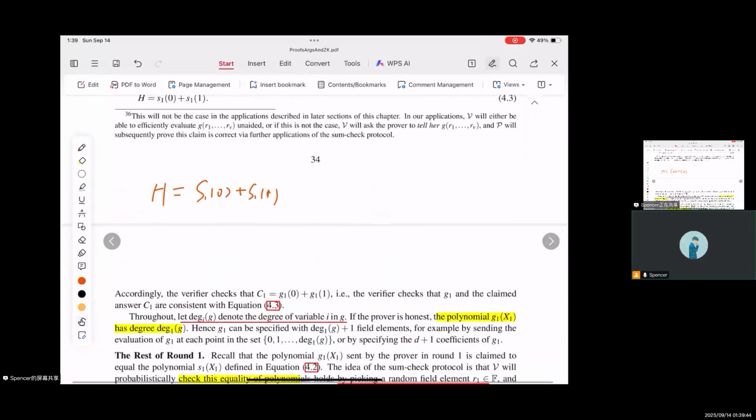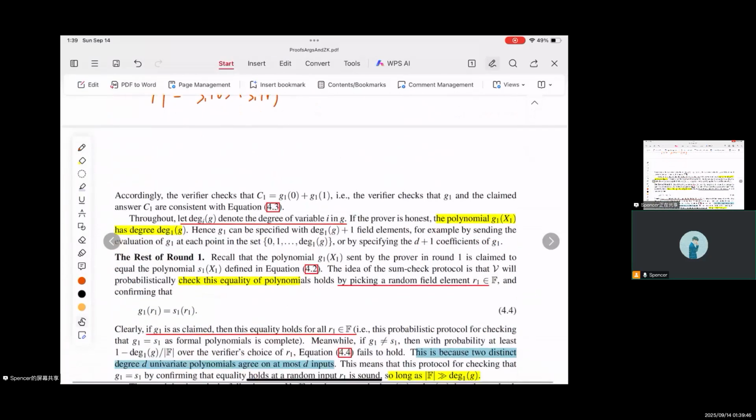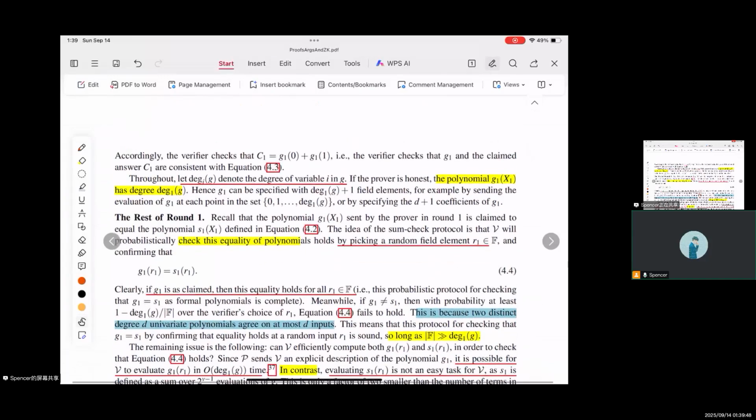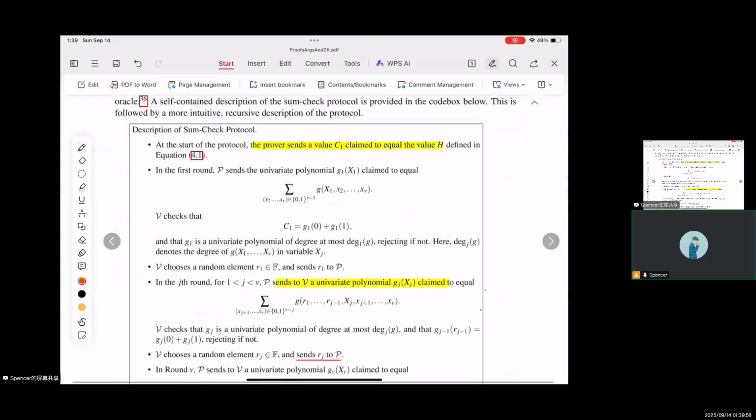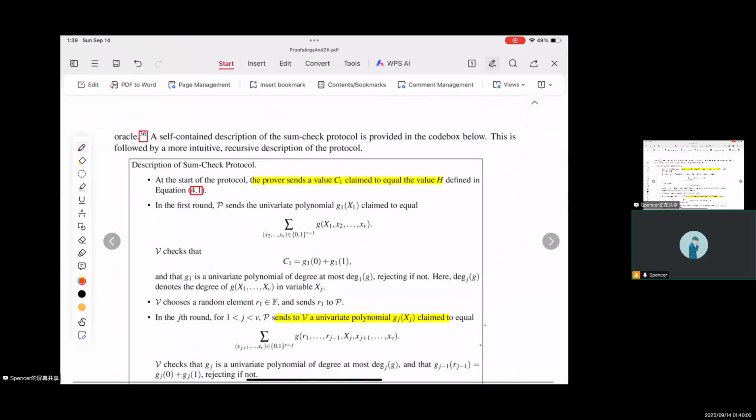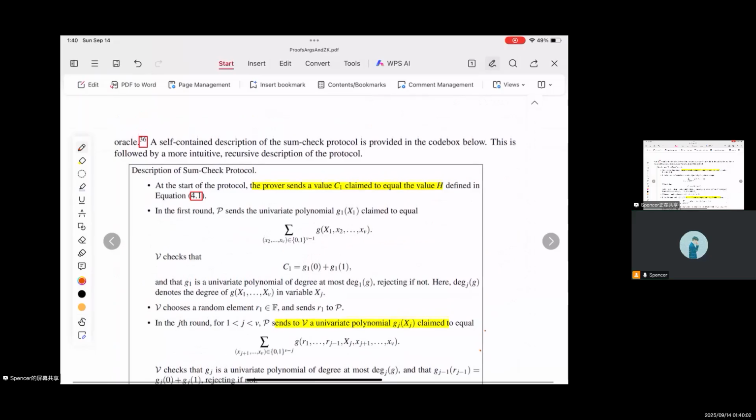Okay, let's see what happens after this. Okay, accordingly, verifier checks the C1 equals J1. Okay, let's see here. Fluorescence value, C1 claimed to equal value H. Okay, fluorescence the value C1.